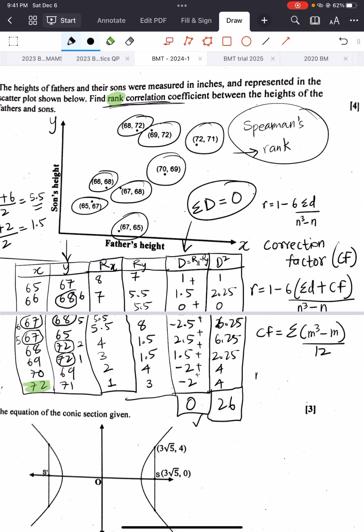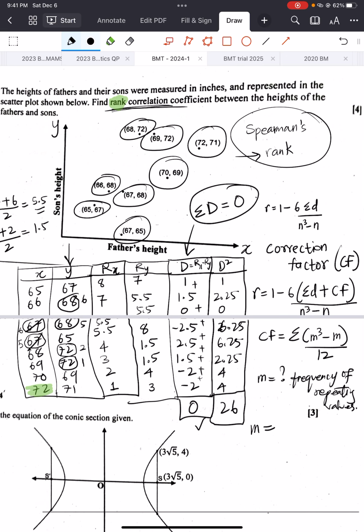Now what is m? m is the frequency of repeating values. For now here, 67 repeated twice, so you just have to get the counting. Then 68 repeated twice, then 72 repeated twice.